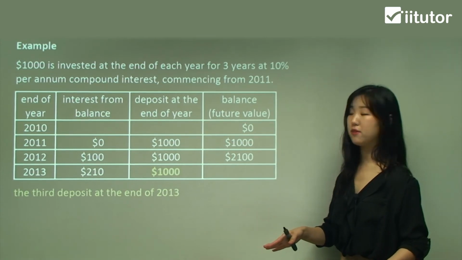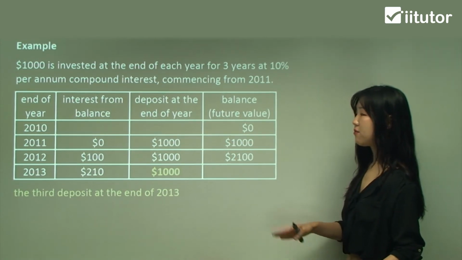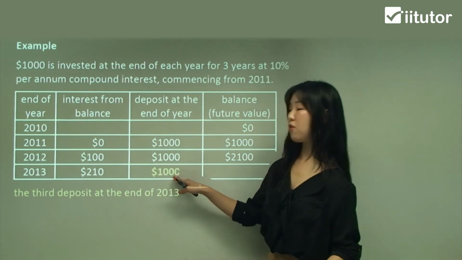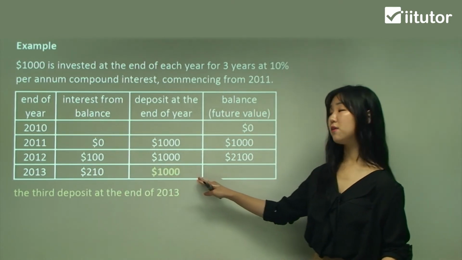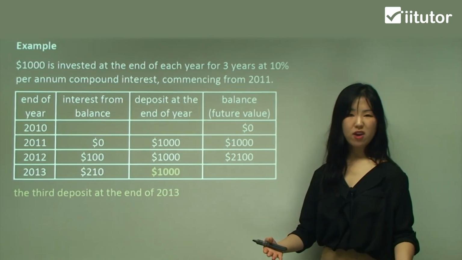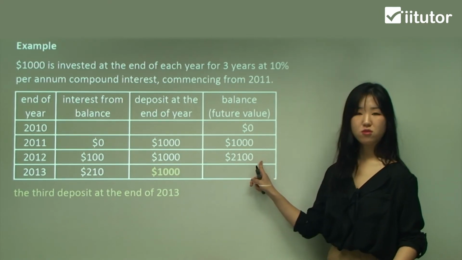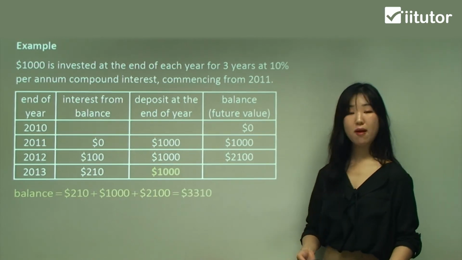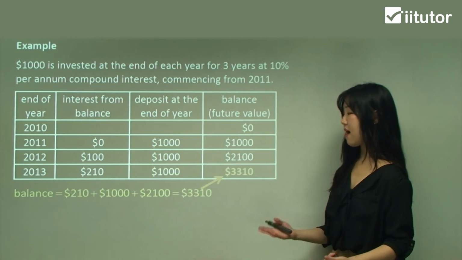That's our third deposit. Now again, we need to find the final balance. So we've got some interest, we made an investment of $1,000, but in our account, we had this much still left in it, isn't it? So we add all three, and that's how much balance we have. So put it in, that's the balance.